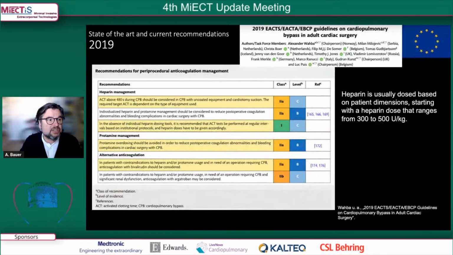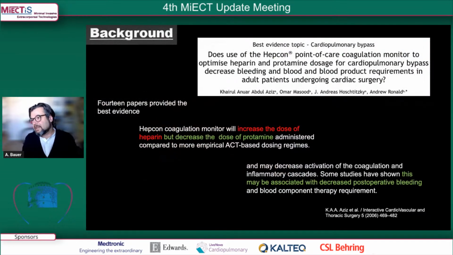Also the recommendation published one year later from the European board together with cardiac surgeons and cardiac anesthetists also recommends an ACT above 480. And that's what's recommended in most of the guidelines published and used by us.